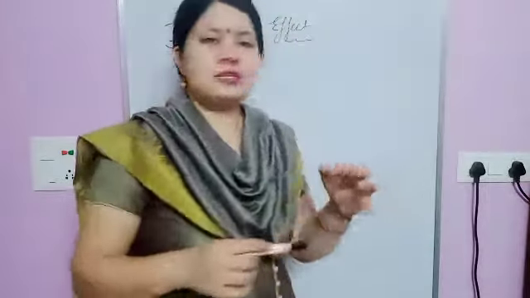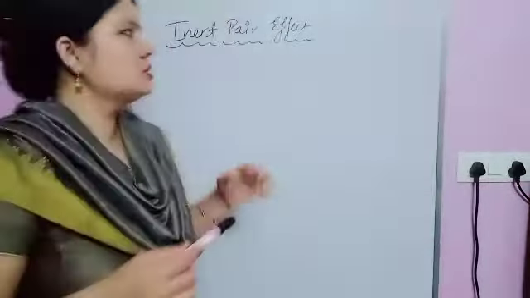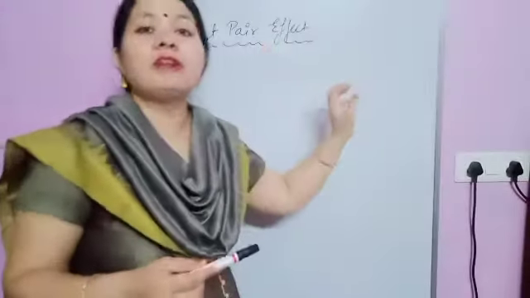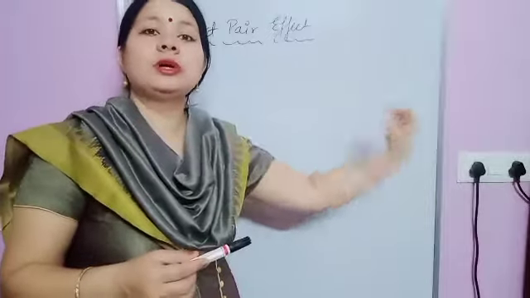On this basis we have many reasoning questions that are very important for your board exam. Before I start with the reasoning questions, the first thing is an important point: the inert pair effect. What is the inert pair effect?